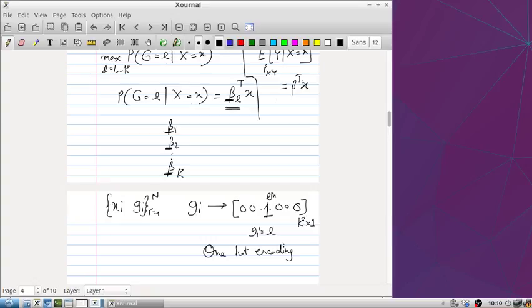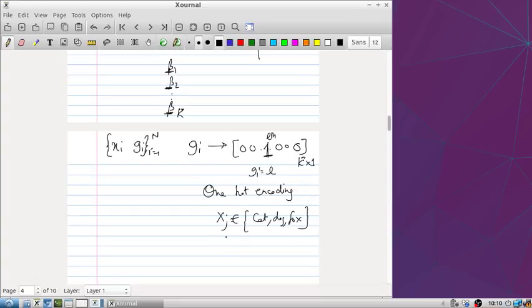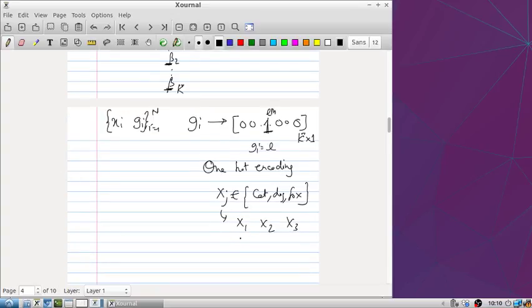Okay. And in fact, did we look at this when we were dealing with categorical variables? Or no, we haven't seen categorical variables. I don't know if I mentioned this, but if you had a variable xj which will take values cat, dog, or fox, then you would create 3 such variables potentially, x1, x2, x3.